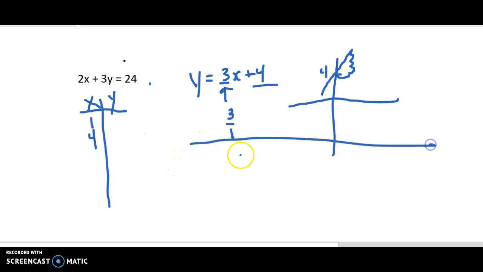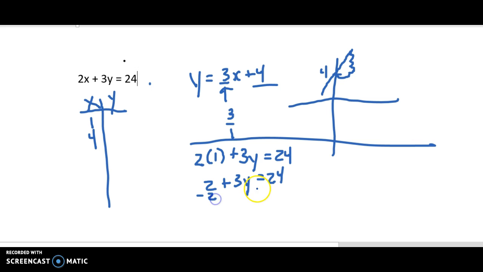So for instance, this equation when x is 1 would read 2 times 1 plus 3 times the y that we don't know yet equals 24. 2 plus 3y equals 24.